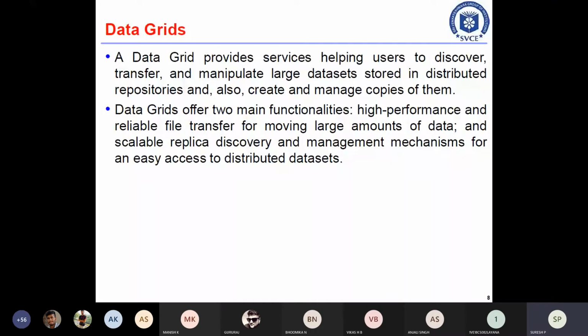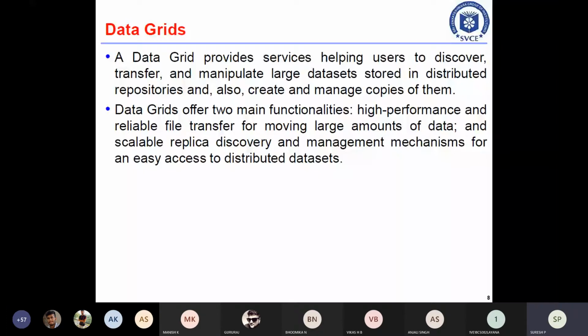So apart from this, the main advantage of the data grid is that it has emerged as an infrastructure supporting data intensive computing. So it is going to provide you the infrastructure. Okay, so it will also do the data intensive computing. How is it going to provide you the data intensive computing? It is going to provide it by leveraging the infrastructure.